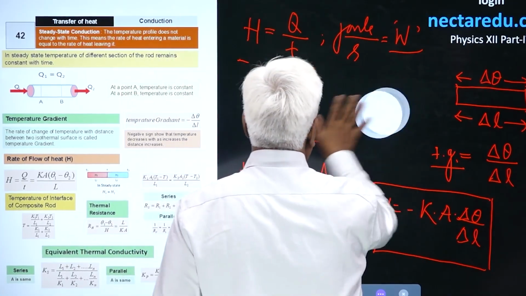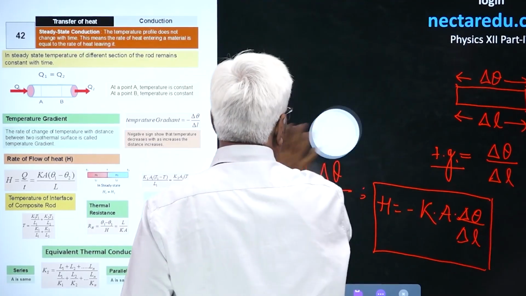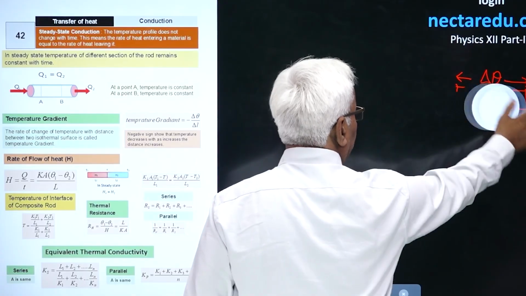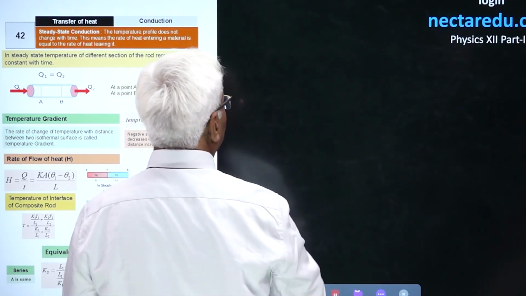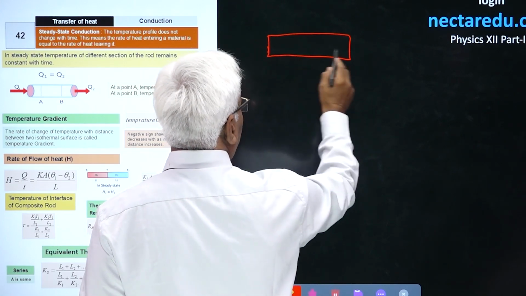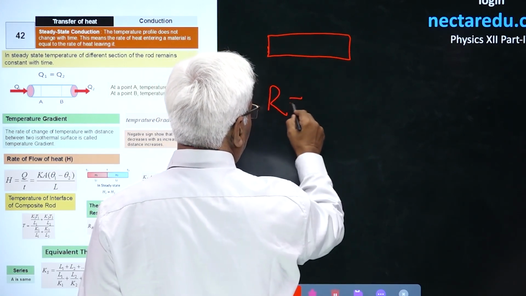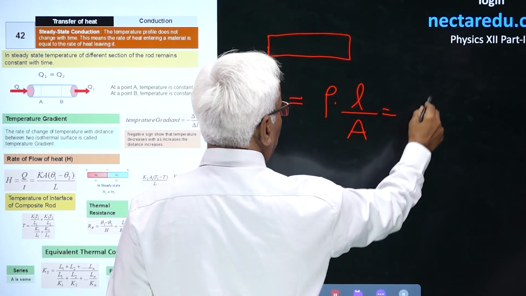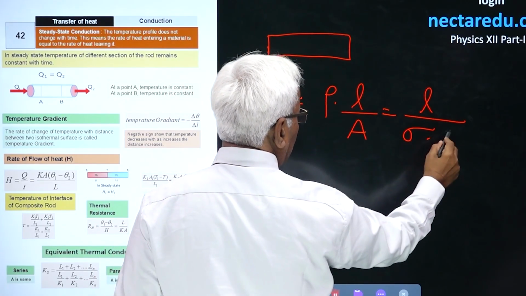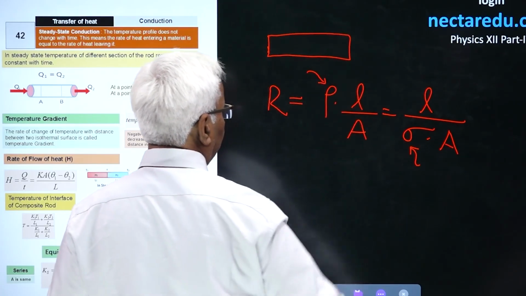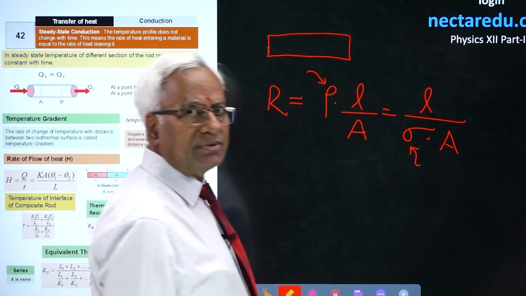You see, now we'll see how the thermal resistance is defined and how do we get the equivalent value of thermal resistances. Suppose it is electric resistance, then in that case, this is the relation rho L by A, or you could say L upon sigma A. Sigma is a specific conductivity, whereas this rho is known as resistivity.